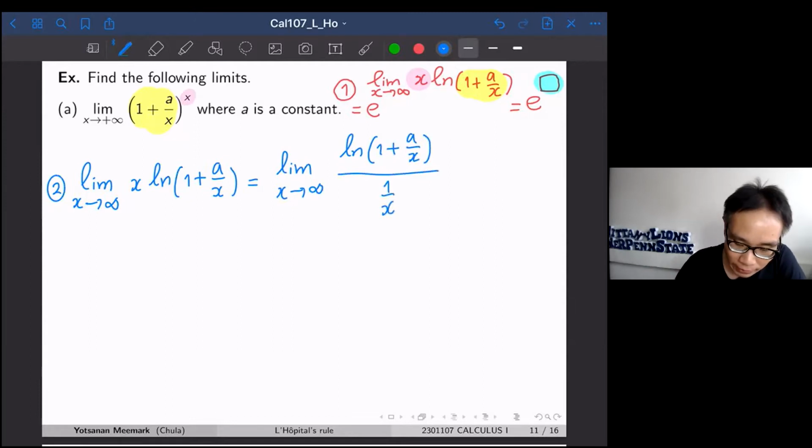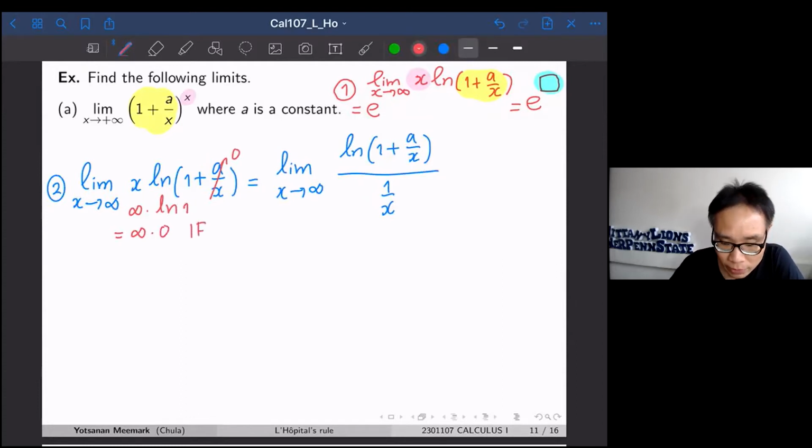And you see that you must check whether you get indeterminate form. So in this case, when x goes to infinity, this guy will be infinity times log, and a over x turns out to be 0. So it's going to be times log 1. So infinity times log 1 is infinity times 0. Okay, so this one is indeterminate form.